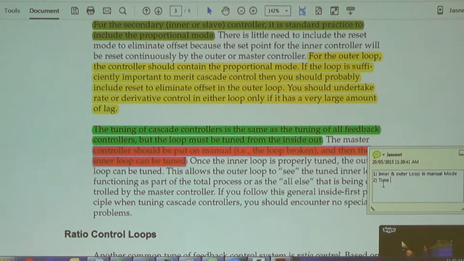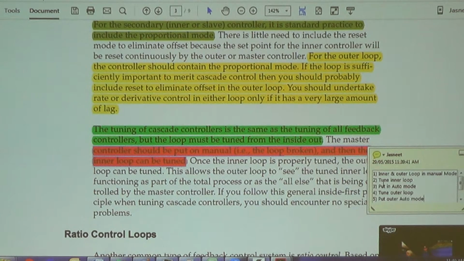Tune the inner loop. Put it in auto mode. Tune the outer loop. Put the outer loop in auto mode.